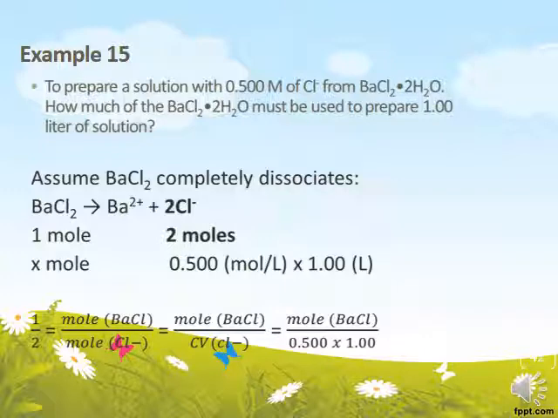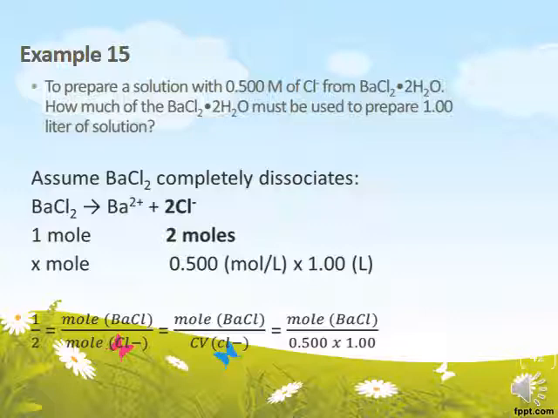Next, we look at example 15. To prepare solution with 0.5 molar of chloride from barium chloride dihydrate, how much of the barium chloride dihydrate must be used to prepare 1 liter of solution?